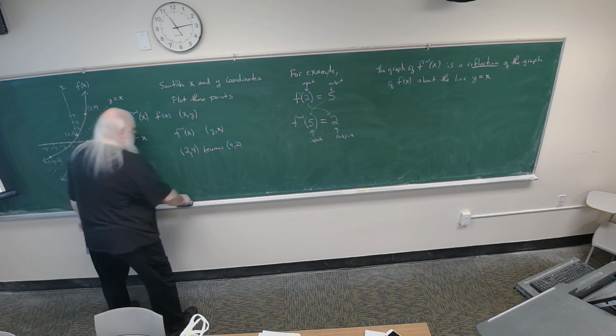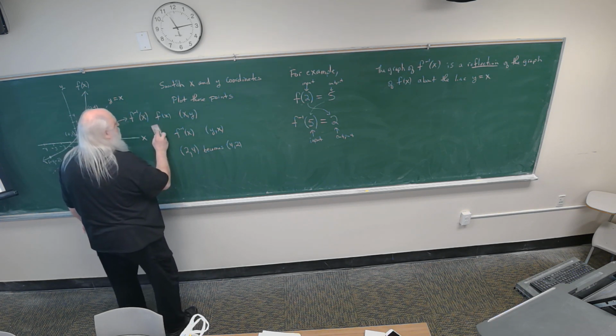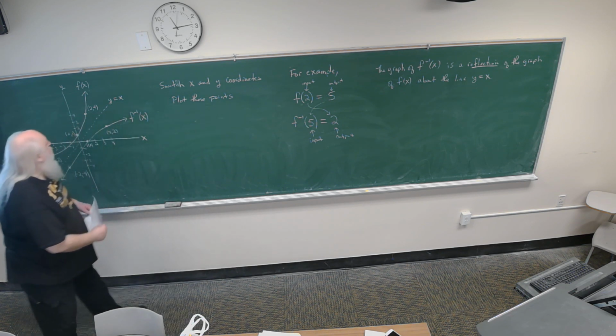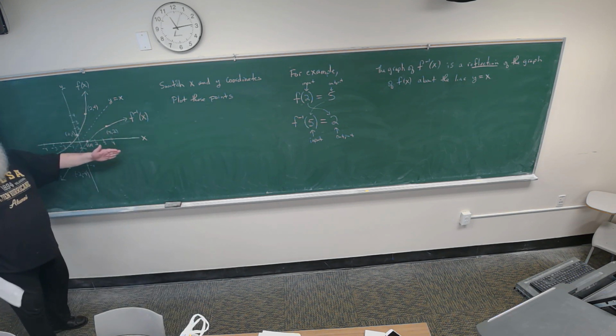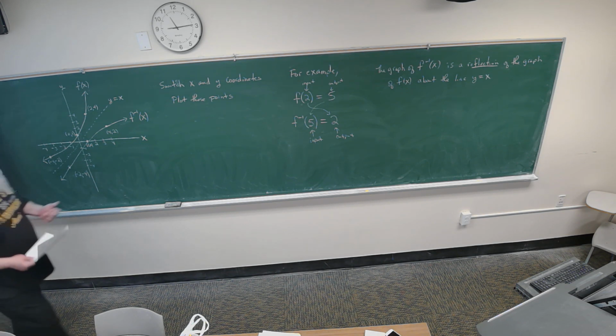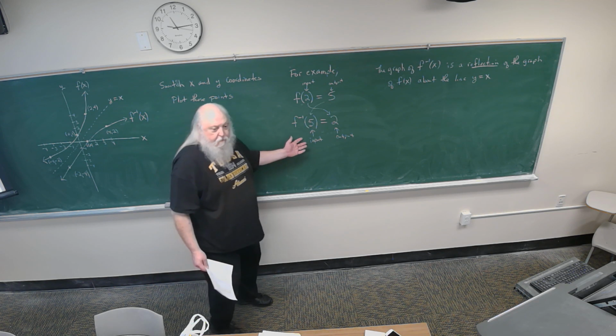Okay. So given the graph of f of x or f inverse, you can get the other graph just by switching the x and y coordinates. And that all comes back to this example, right?